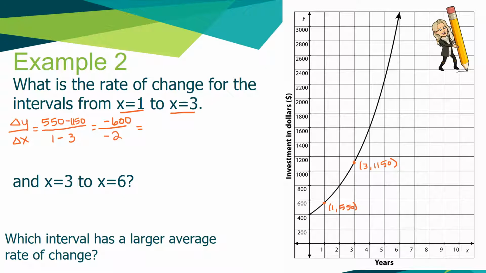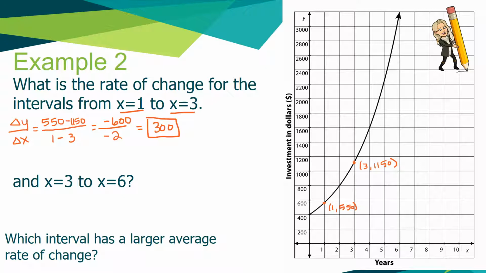When I simplify that, I should get a positive 300. So my average rate of change from the x value of 1 to 3 is 300. What this means is, on average, for every year, the investment in dollars is going up $300. So every year from 1 to 3, the investment in dollars is going up $300.